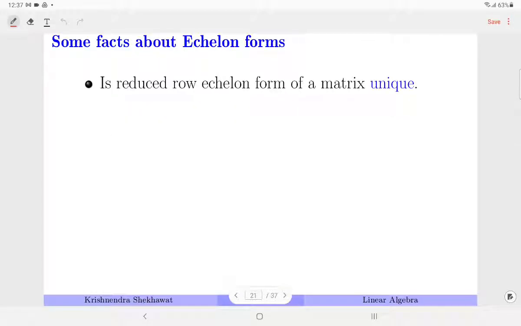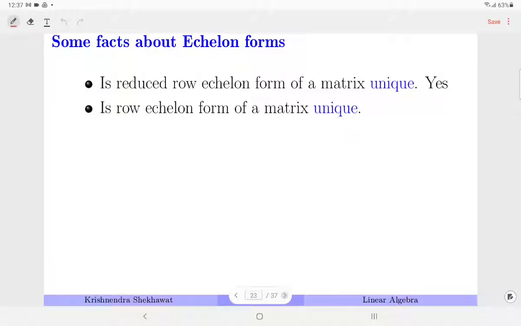Okay, a few interesting remarks about the row echelon forms. The first one is, what do you think? Is RREF unique? Yes, of course, because above and below the pivot entries, the only possibility is that the entries must be 0. So therefore uniqueness holds.